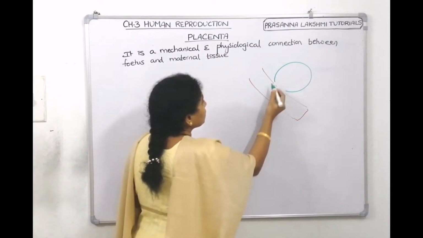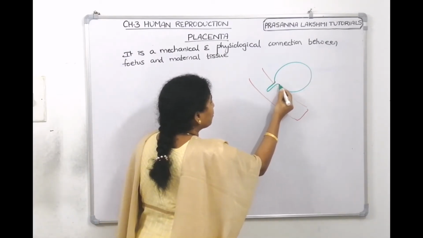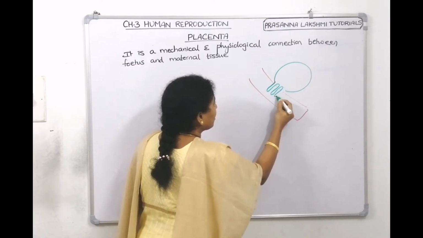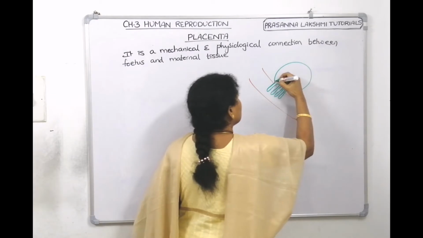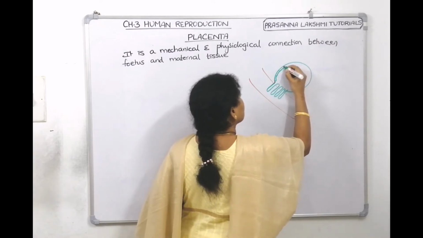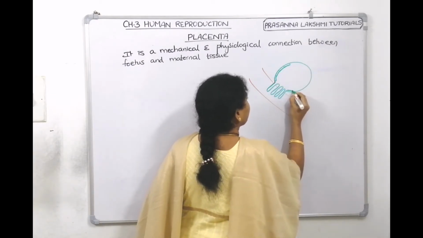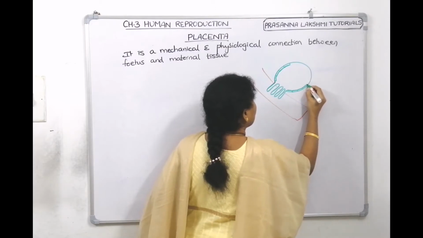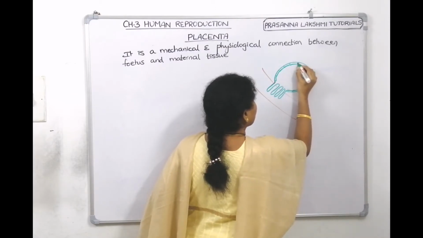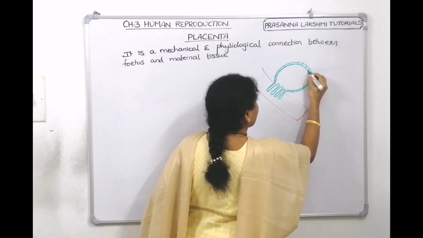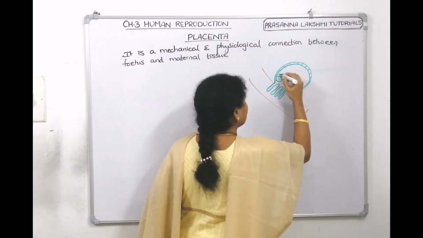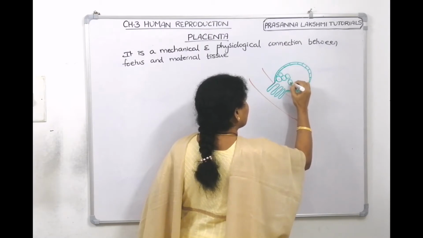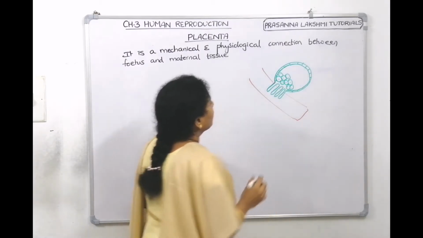The blastocyst makes projections called chorionic villi. These are the trophoblast cells. And then they have the inner cell mass also, right? We discussed this already in the previous lecture. And here is the inner cell mass, right?